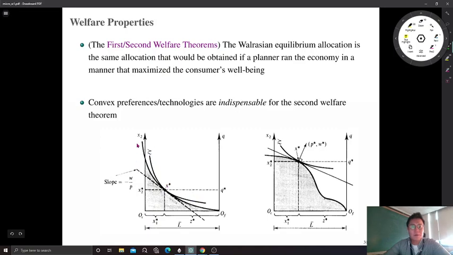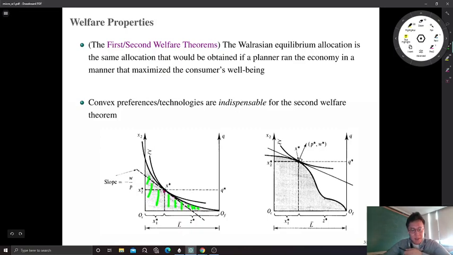But the firm's production frontier is not convex. Now if we think about this set, it is not a convex set. So the production technology is not convex.